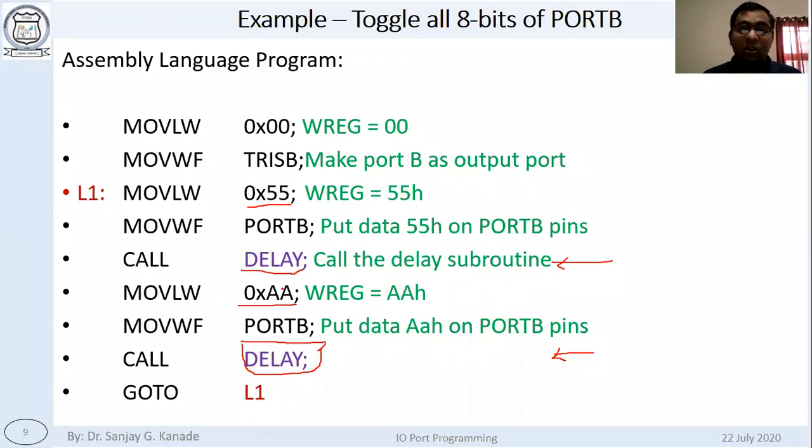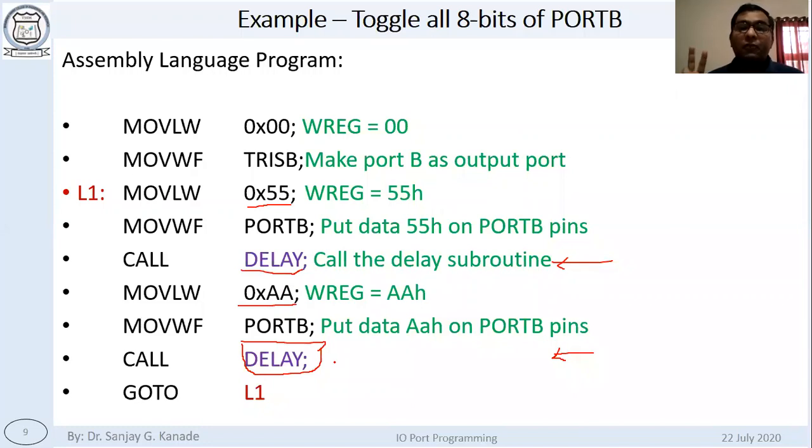Let's say in the same program you wanted to insert the delay twice, once here and twice at this location, so you could have called the delay again. That is also possible, right? So this is the main advantage of having the facility of writing subroutines.